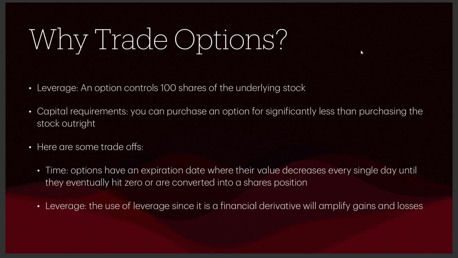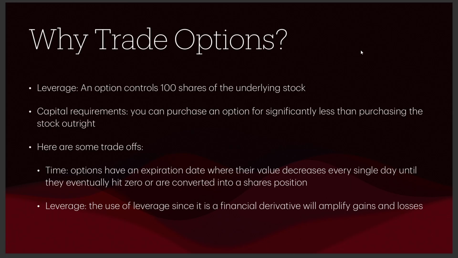But that time component is what makes options trading so much more difficult than buying stock. Because if you're buying just stock, that stock price movement could go against you, and you can just hold the stock for as long as you want for it to recover.